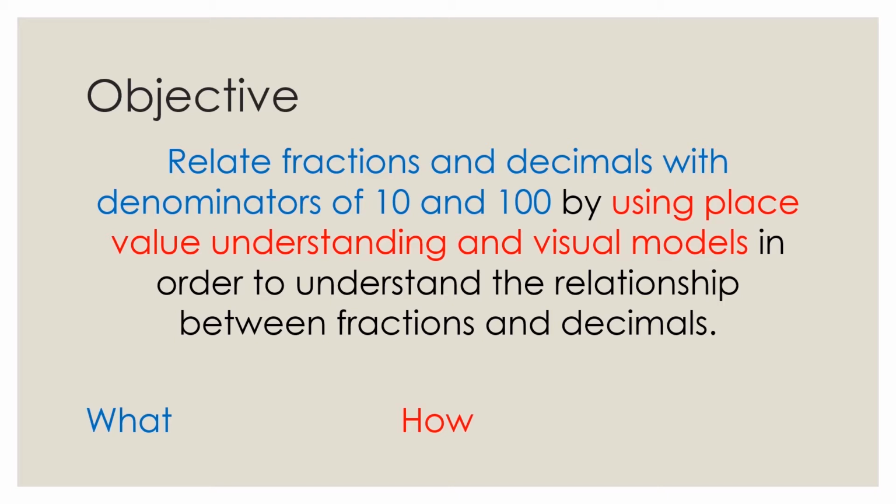And we're going to be able to do that by using place value understanding along with visual models. So what we already know about place value, our ones, our tens, our hundreds place, and visual depictions of that. And the big understanding is how fractions and decimals work together, how they're related, and how we can see them side by side.